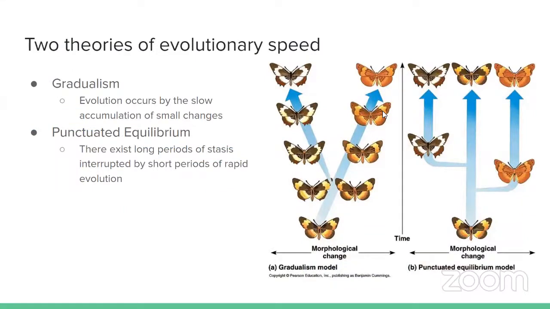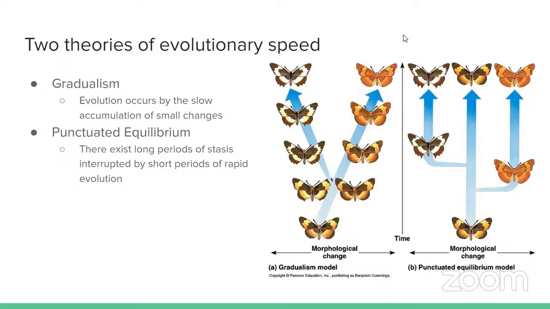Now, another evolutionary concept that this is a great place to think about is evolutionary speed and how evolution happens. Before, when we talked about evolution, we mentioned mutations and speciation.